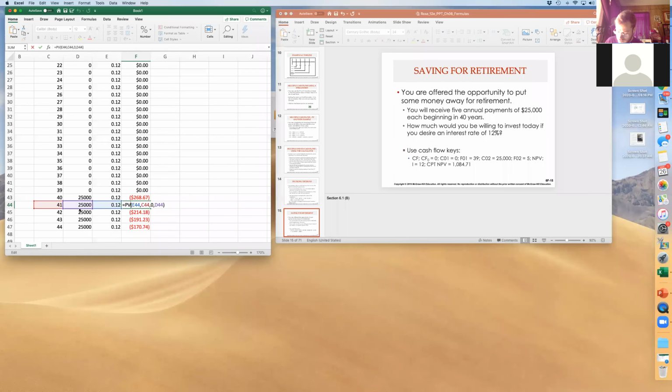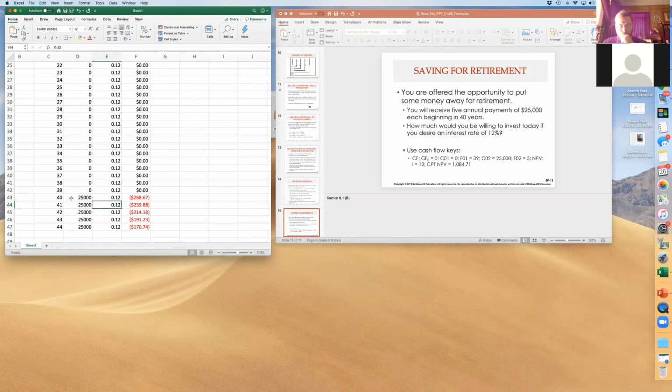So what these numbers are telling me is that if I had $268.67 today to invest for 40 years, I would actually have $25,000 in year 40.